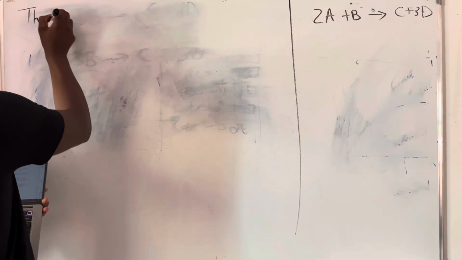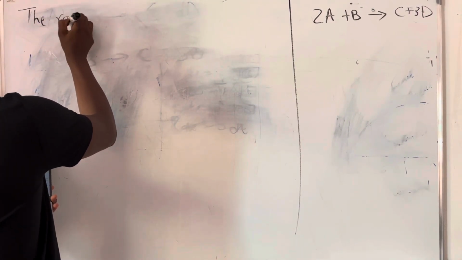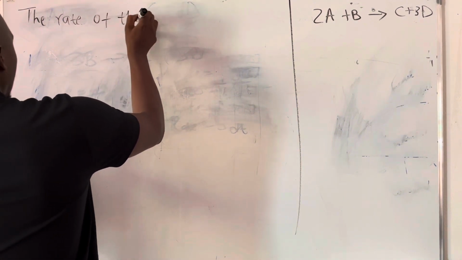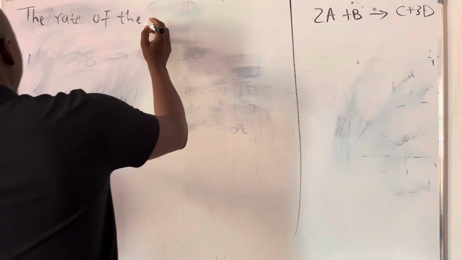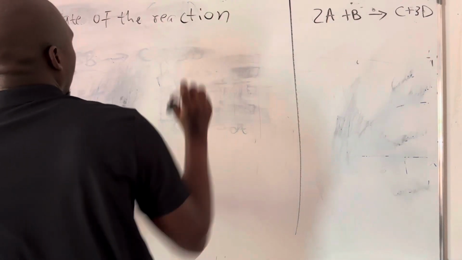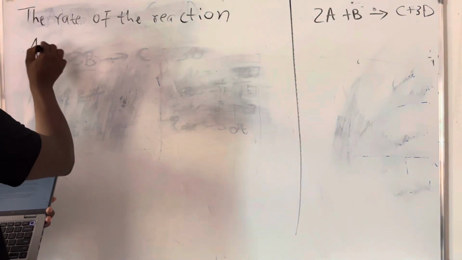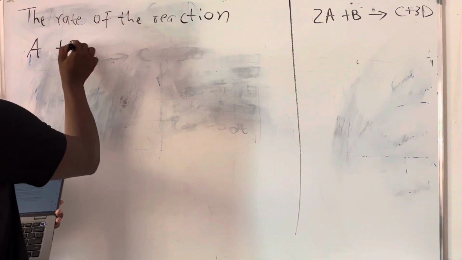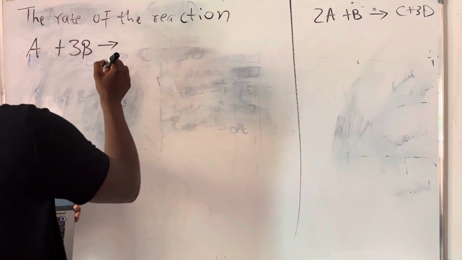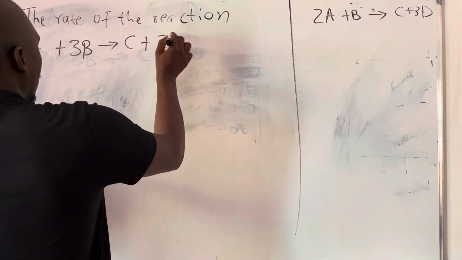So this question goes like this. The rate of the reaction, what reaction? The reaction goes like this: A plus 3B to give us C plus 2D.